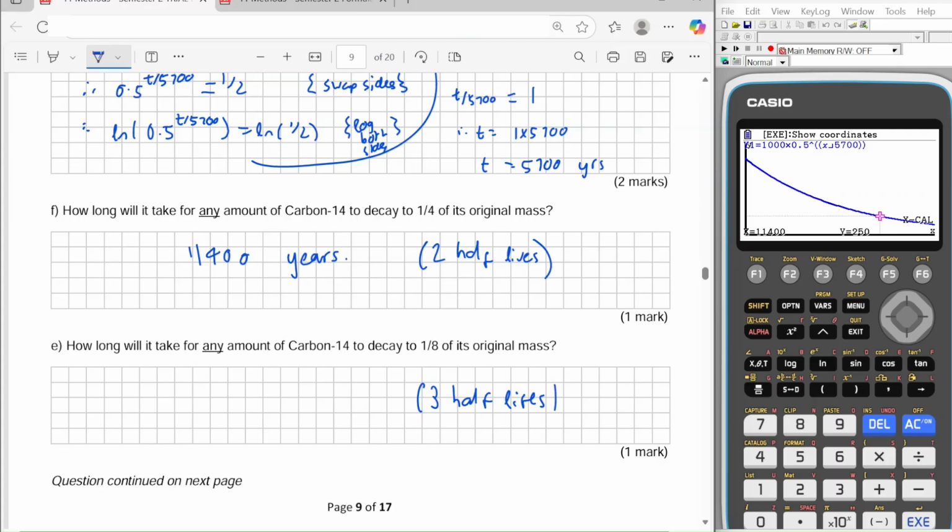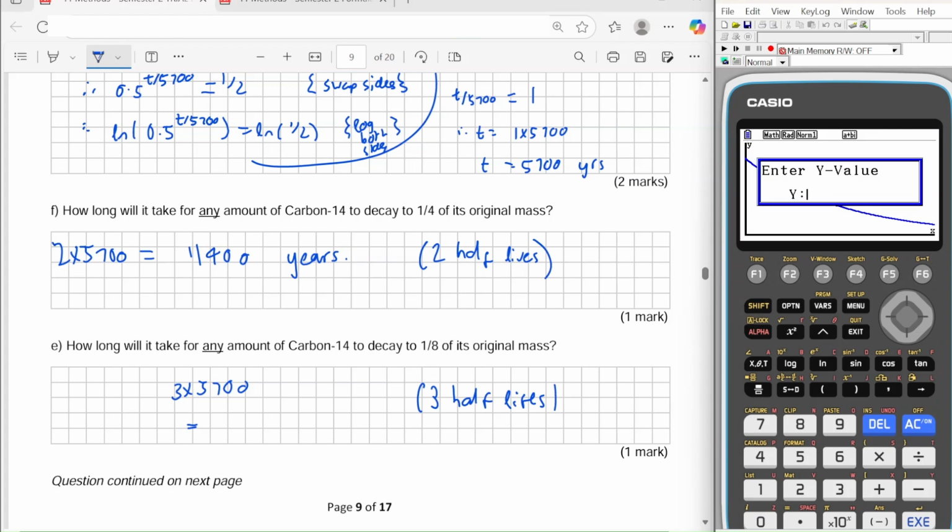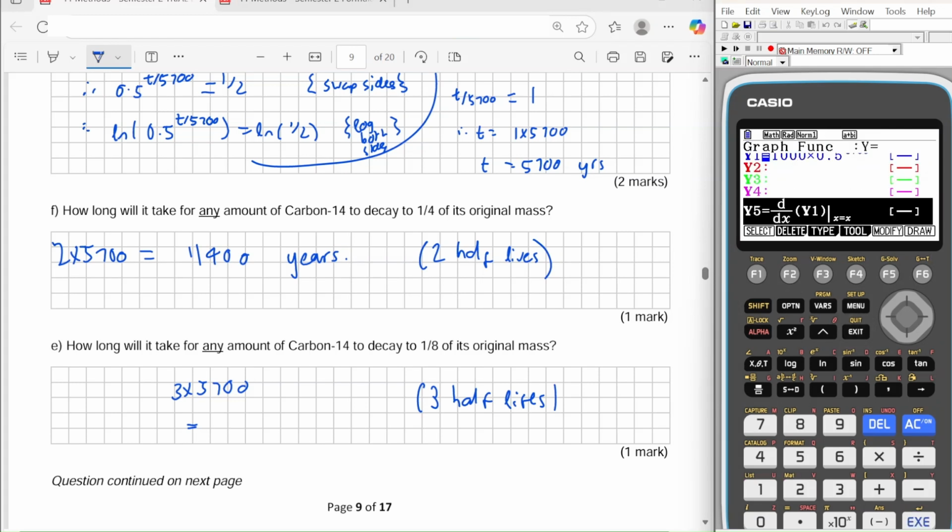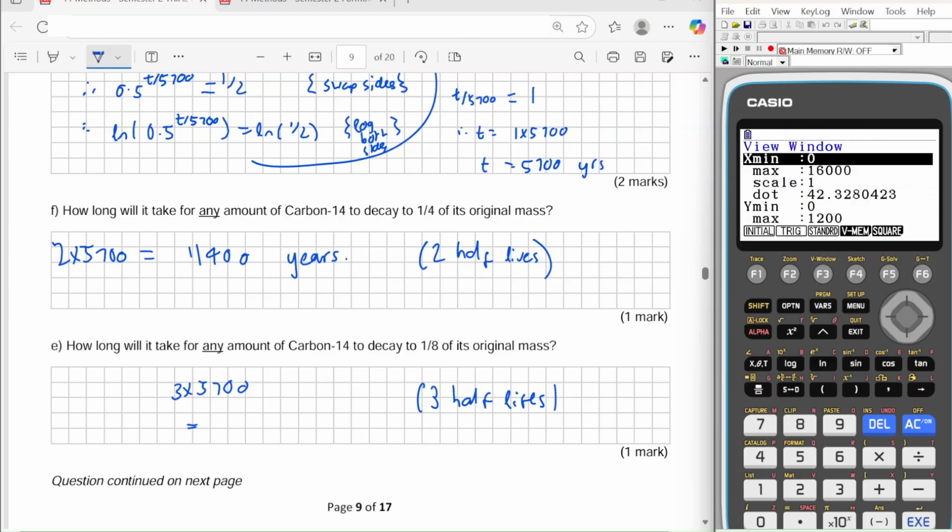So that is 3 times 5700. I might make a note that's 2 times 5700 there. And we can work out what that is. The other way we can do it is if we go into GSolve, xcal, and we're looking for 125 would be the next one down. It's not found now. That's only because the window doesn't extend that far.